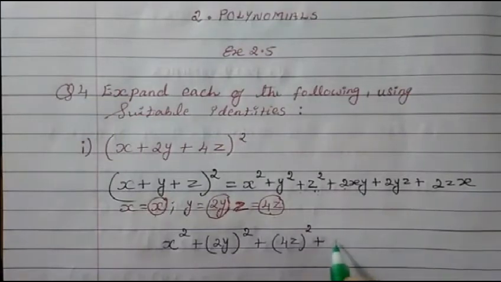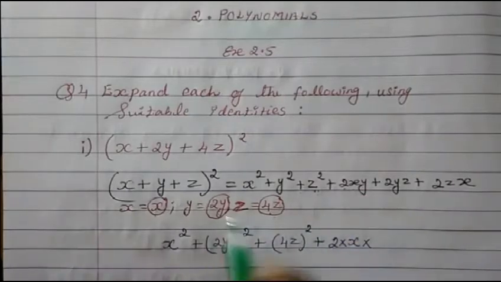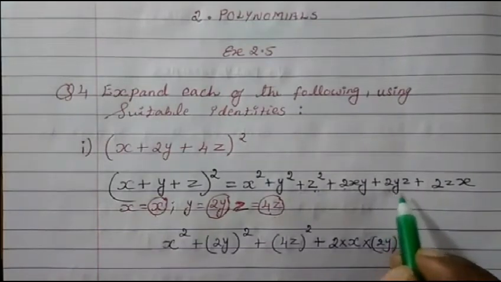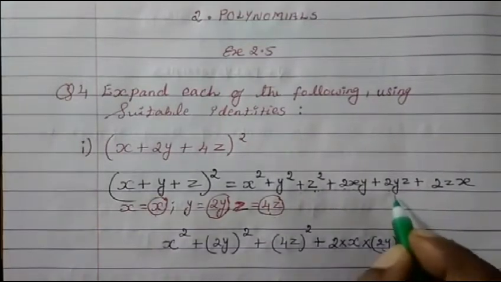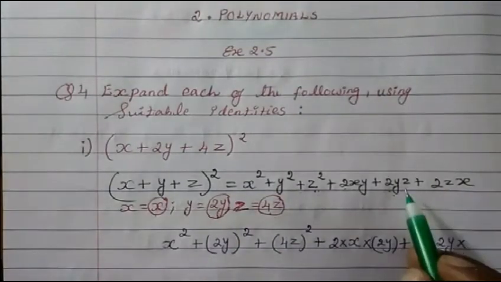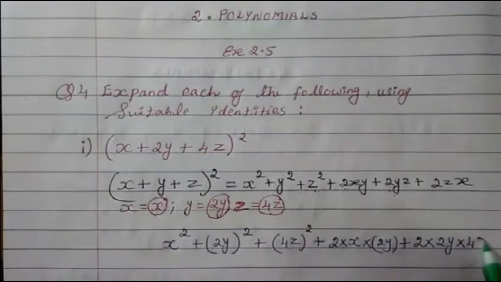Plus. Now 2 we write as it is. Now x is what? x is x only. Then y is what? y is 2y. So now plus, same way, for 2yz: 2 into y we have 2y, then z is 4z.